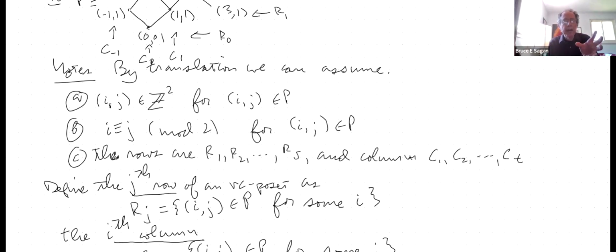Just translate it around until the first row are all the things which have y coordinate 1, then y coordinate 2, et cetera, and do a similar thing with the columns.